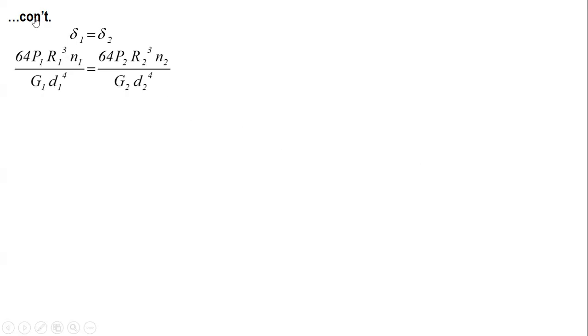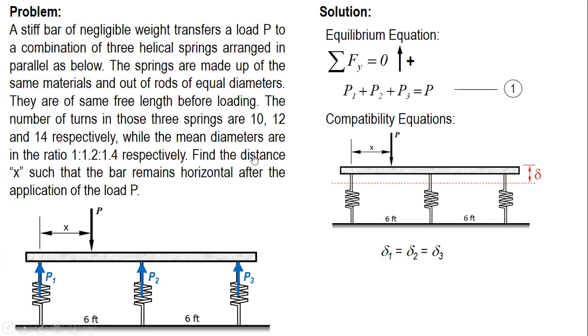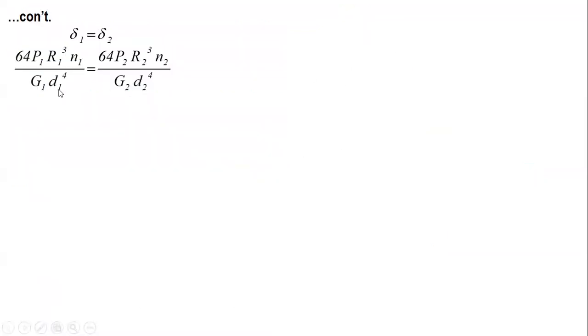And back to the conditions, made of the same material, therefore, the same modulus of rigidity, out of rods of equal diameter. So same diameter. So 64 will be cancelled out. G1, G2 cancelled. D1 and D2 cancelled. 64, G1, and then D1 and D2.